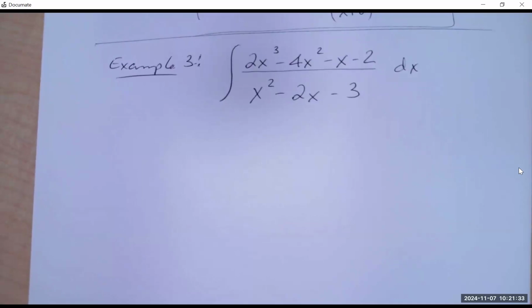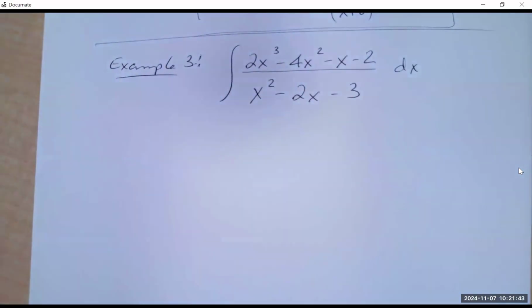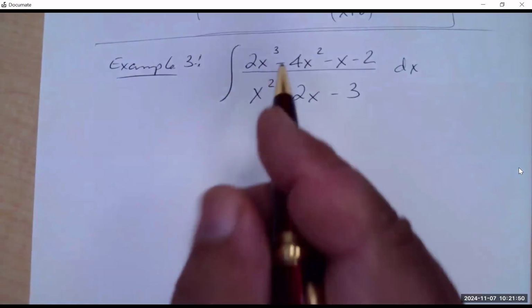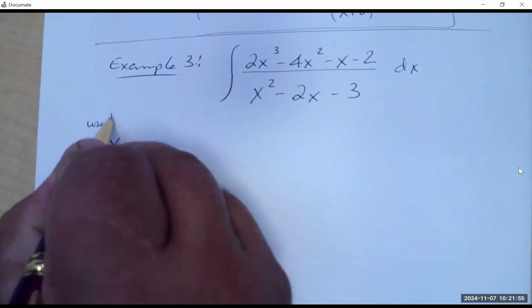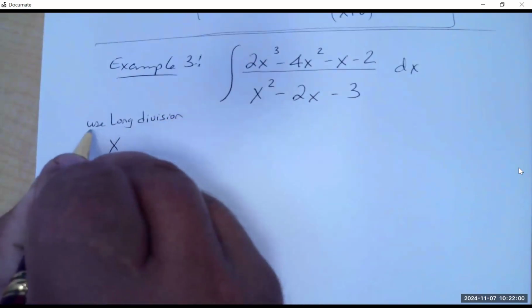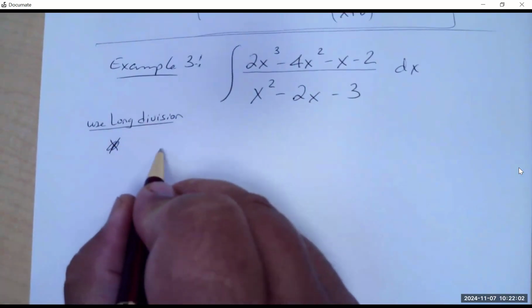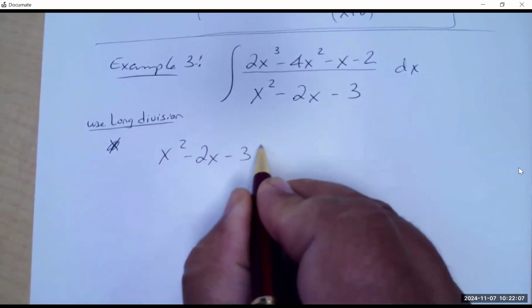What kind of fraction is it? Improper fraction. Why? Because the degree on the top is bigger than that of the bottom. We need to have a proper fraction. So we have to use long division to simplify it. So we have x squared minus 2x minus 3.